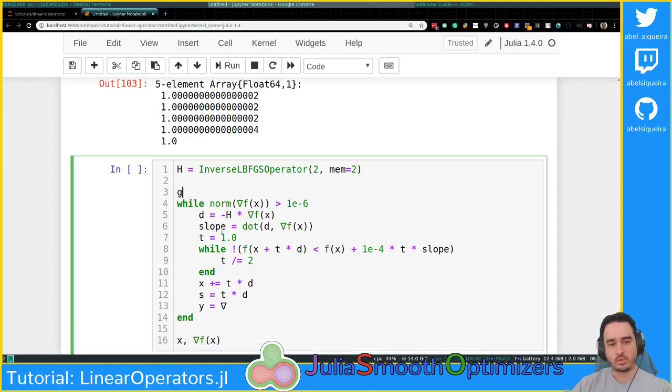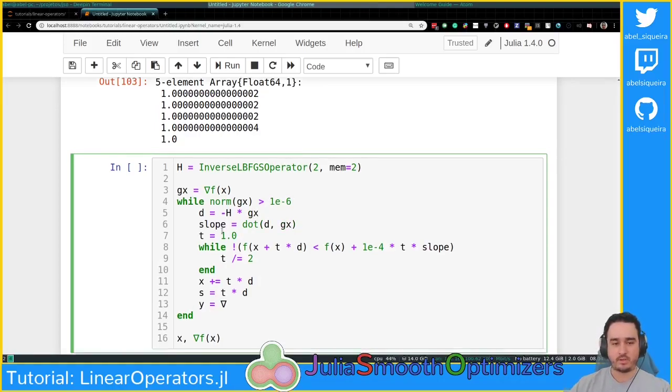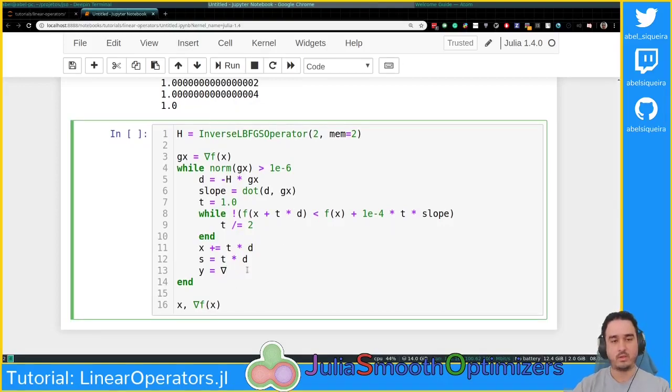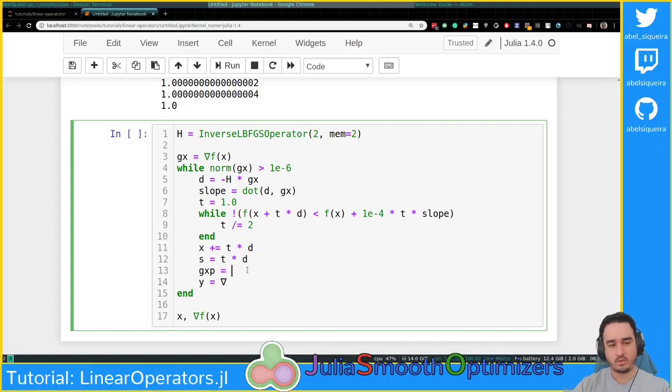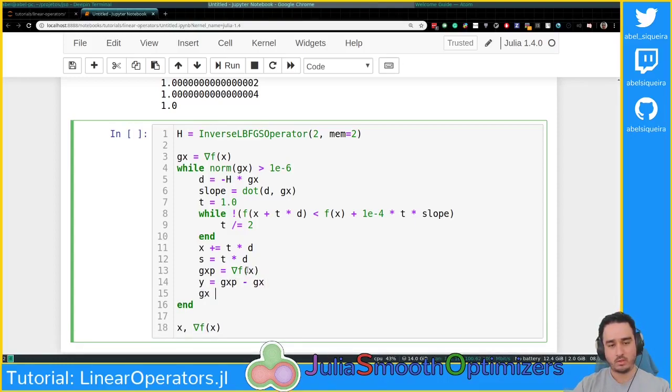I should store the gradient now. I try to avoid doing this for efficiency, essentially, updates, so the code is shorter, but you can do them all.